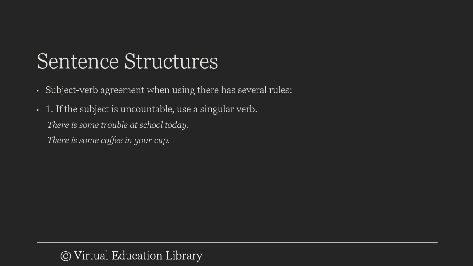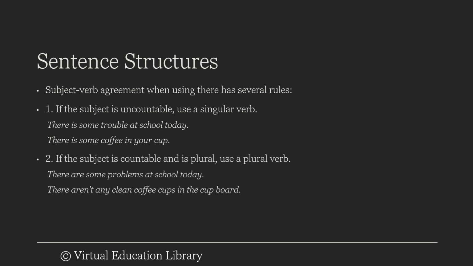You are not supposed to write here: there are some troubles at school today, because some trouble is uncountable. There is some coffee in your cup. If you use there are some coffee in your cup, it will be wrong. So if the subject is uncountable, you need to use a singular verb.